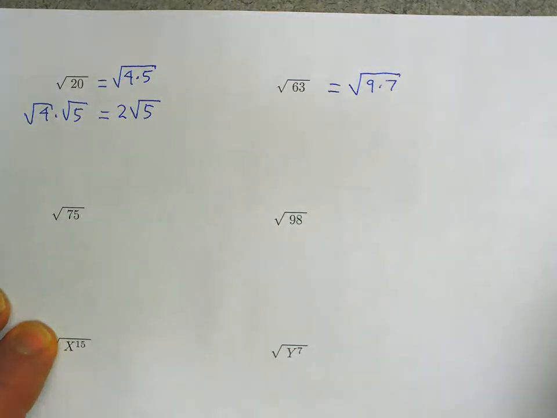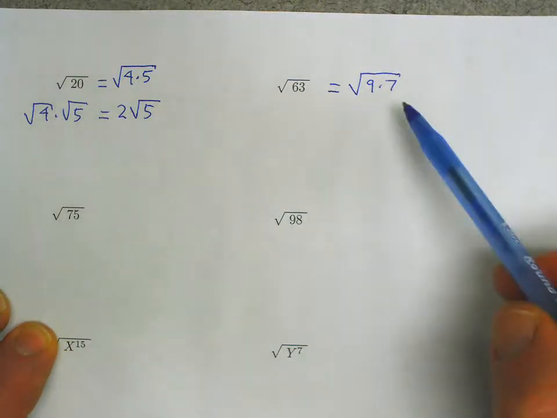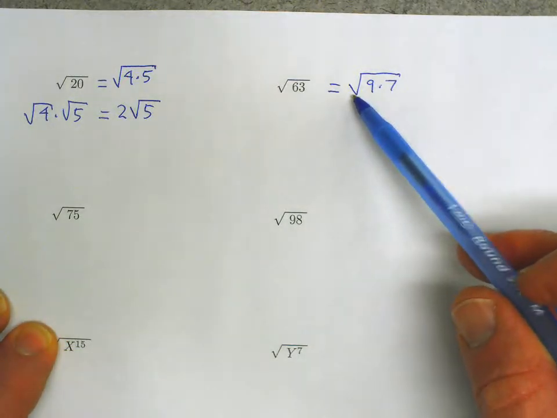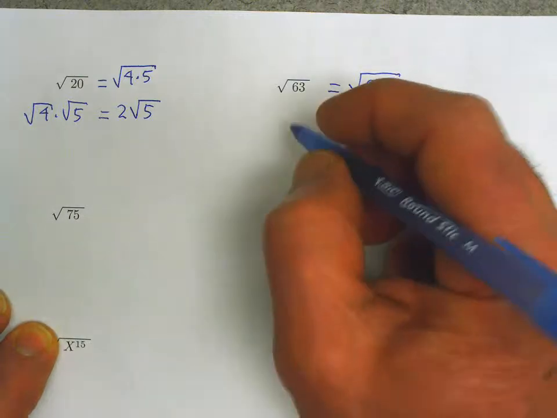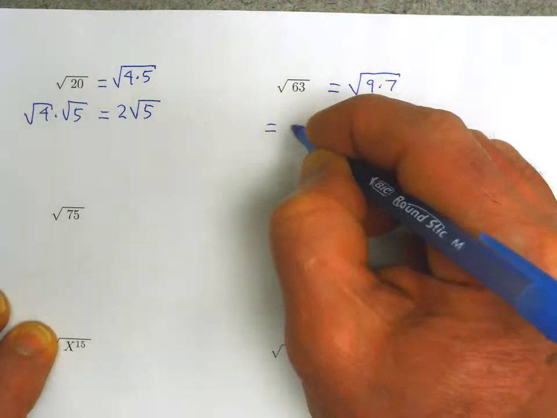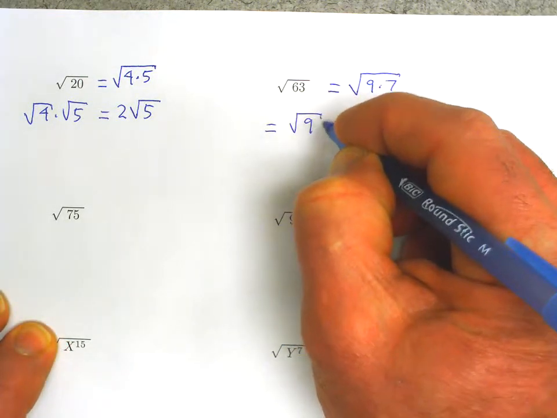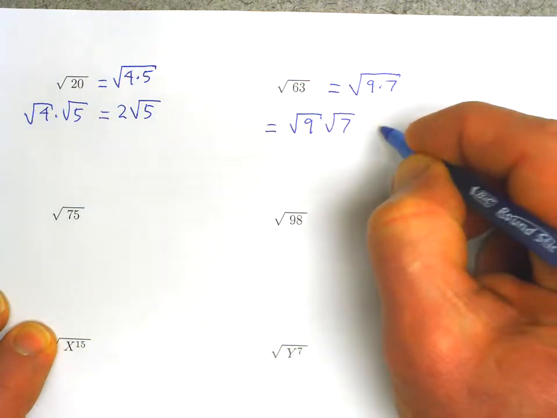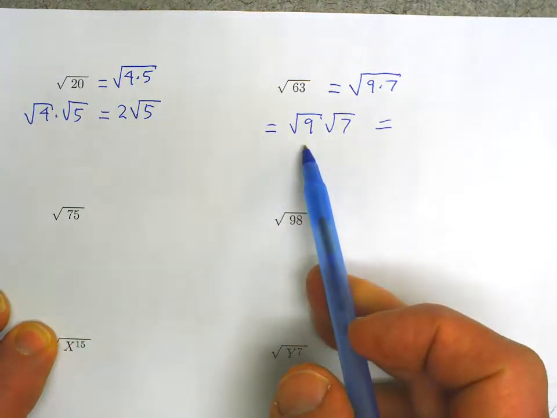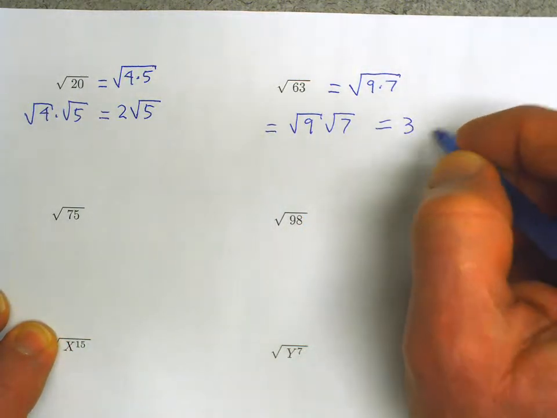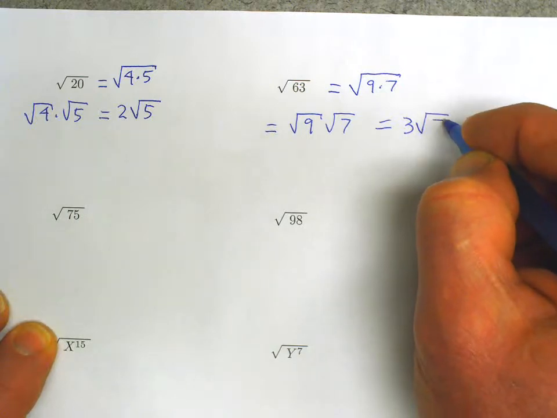Then we'll apply the product property of square roots. The square root of 9 times 7 is just the square root of 9 times the square root of 7. And then the square root of 9 simplifies to 3, and so our final result is 3 times the square root of 7.